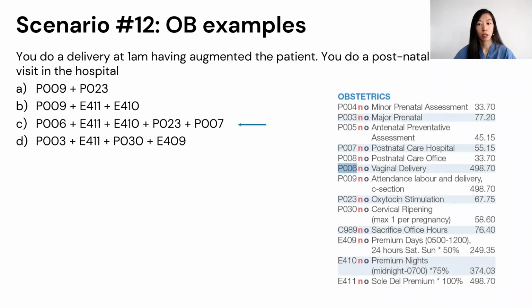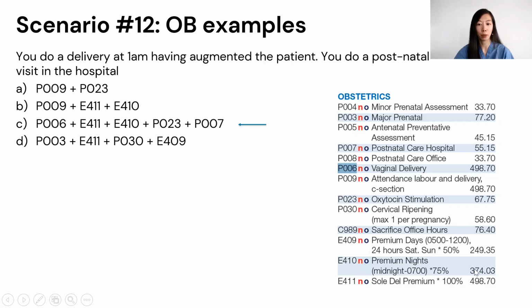And the reason is if you look at your obstetrics section, the P006 is for any time you do a vaginal delivery. If this was your sole delivery, you get a premium on that. And so that's where the 411 comes from for doing that first delivery. And the 410 comes from the nights because you do this at 1 a.m., so it's after midnight.